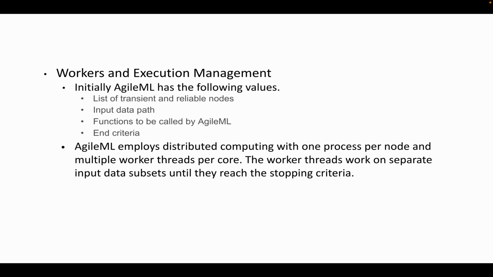It also provides additional functions to be executed, and the stopping criteria. The stopping criteria can be a number of iterations, a specific time period, or validation of convergence. Now the training process on each node starts one worker per core, as a function of input data and parameter values, and this whole process keeps going until the stopping criteria.